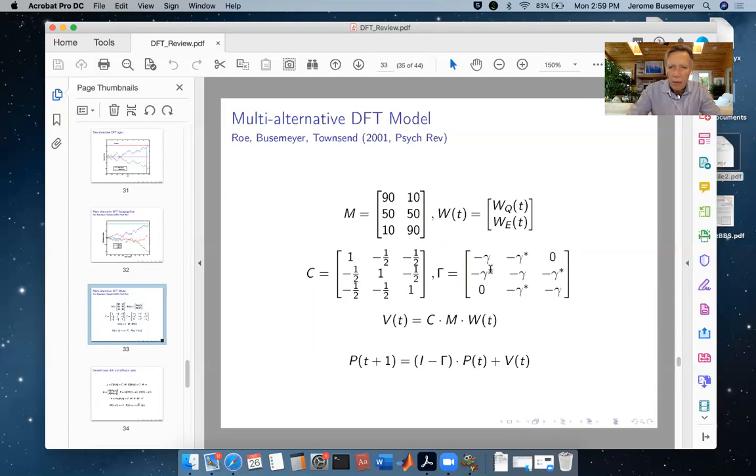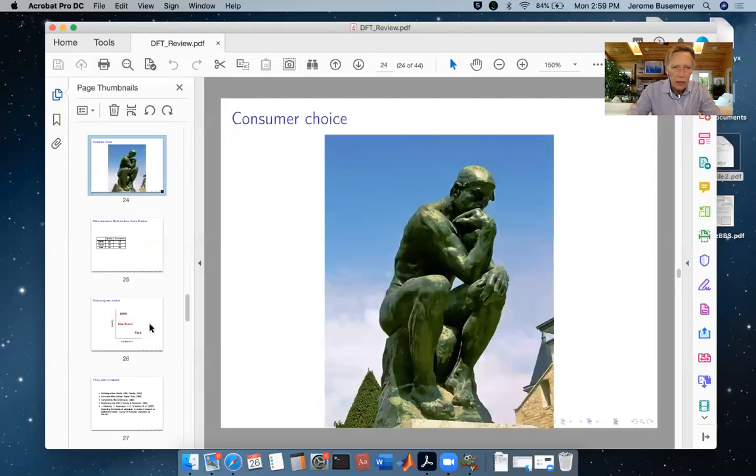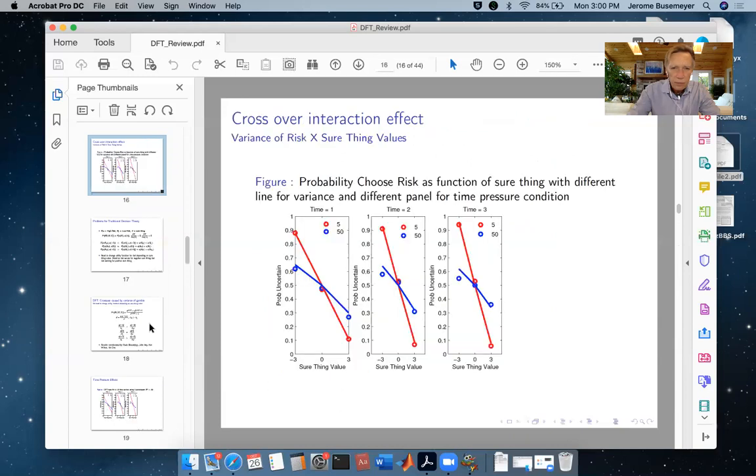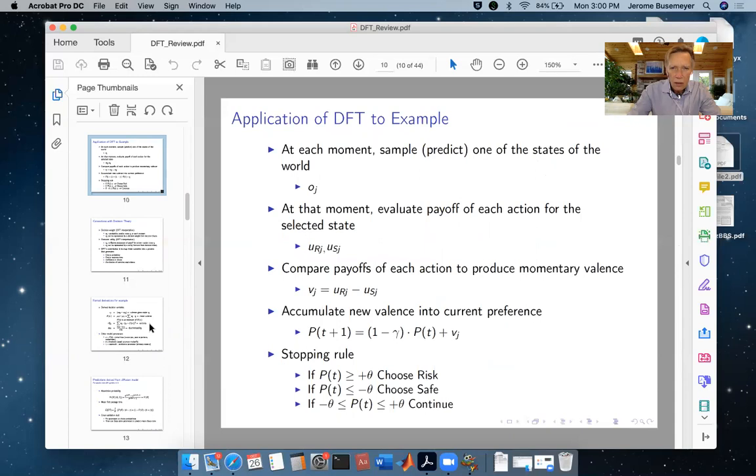And now this gamma matrix here represents the growth decay factor we talked about earlier with the one-dimensional model. Earlier we talked about using this model in one dimension.